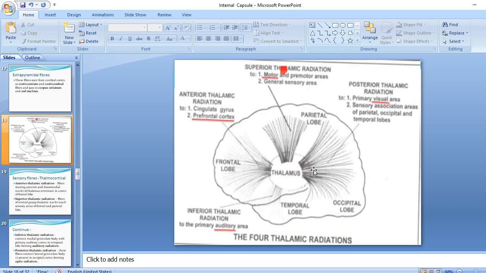The posterior thalamic radiations are mainly in the visual pathway. They are going posteriorly to the occipital lobe here. The inferior thalamic radiations go inferiorly to the temporal lobe, and these are the fibers which are concerned with the auditory pathway.